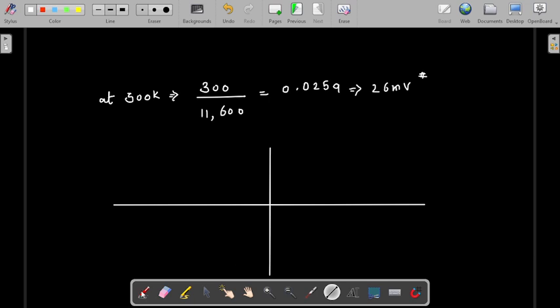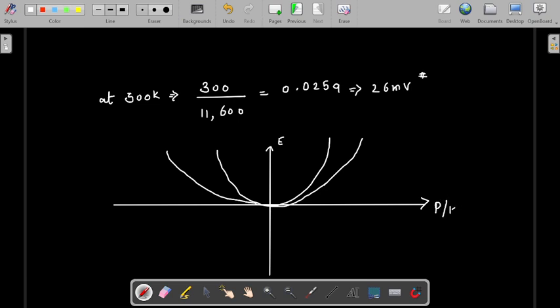This is a graphical representation where they have given some curvatures. We already know the curvatures. They have given two curvatures with E on one axis and K on the other axis. You can call this P or K, anything.